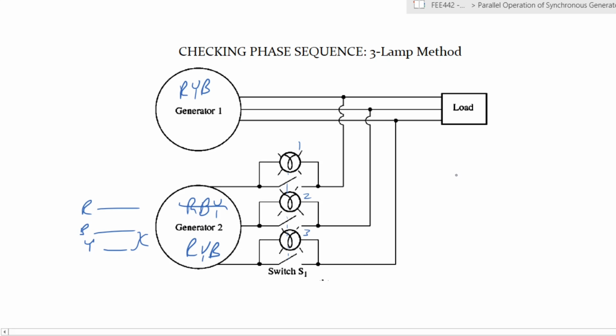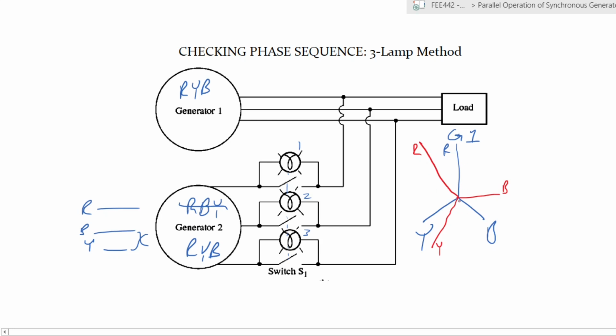The lighting up and dimming is because if we take, for example, the phasors of the system, say generator 1, if those are the phasors, which is red, yellow, and blue, your generator 2 would be in a similar way, because they are connected in 120 degrees opposite to each other. So R, Y, and B. We've already assumed they're in the same phase sequence, so they match each other in terms of the phases that they have.